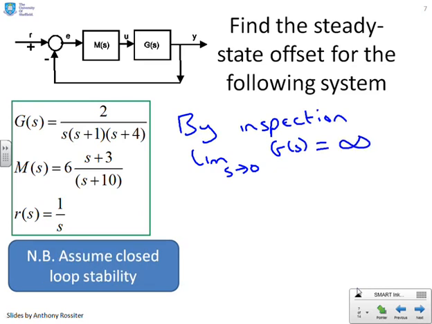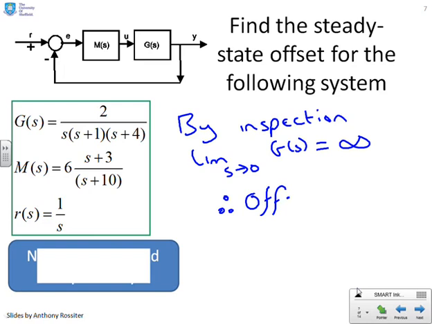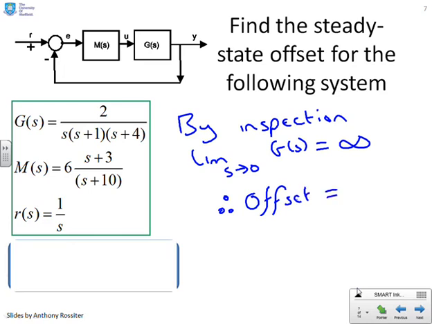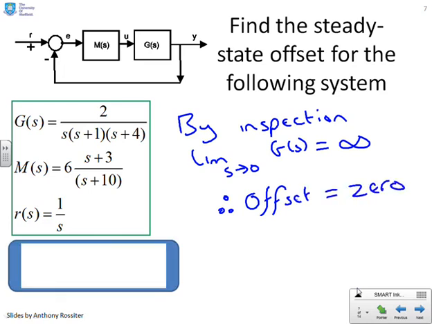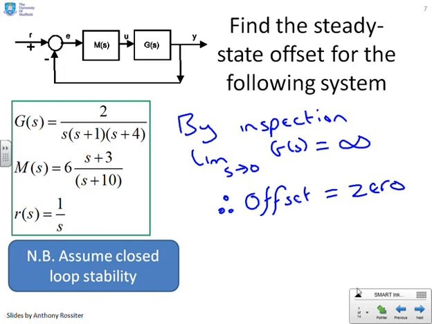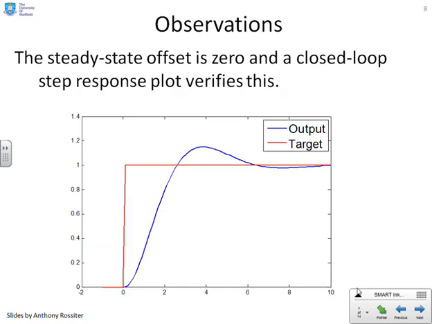You can see that because it includes an integrator, and therefore offset equals 0. Now, if you're doing this in an exam, you might first be required to put in the formula that the offset is given by 1/(1+GM), limiting values obviously, and then show why putting in infinity allows you to get a 0. But we've already done that, so I'm not going to write it all over again.